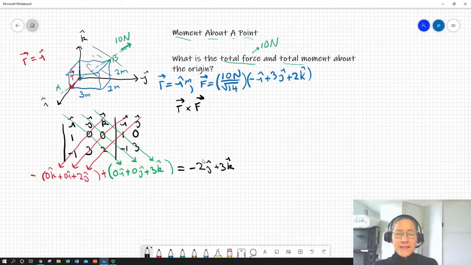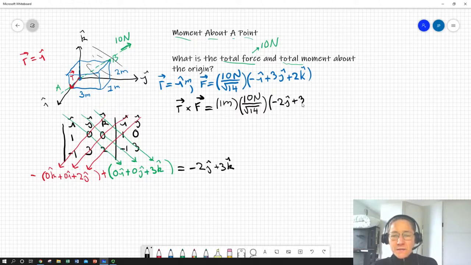But this is our i hat times what's in these parentheses. So to get our full R cross F, we have to multiply that by 1 meter times our 10 newtons over root 14 that came from our magnitude of force and our force unit vector, and now we're going to have our cross product portion.